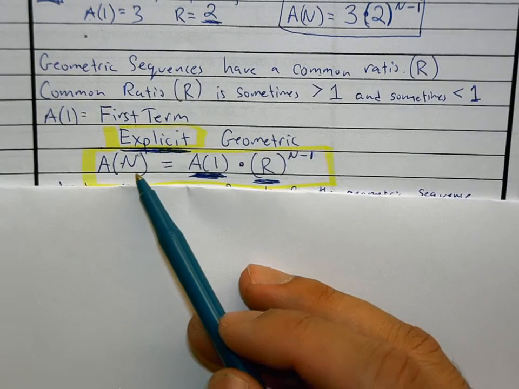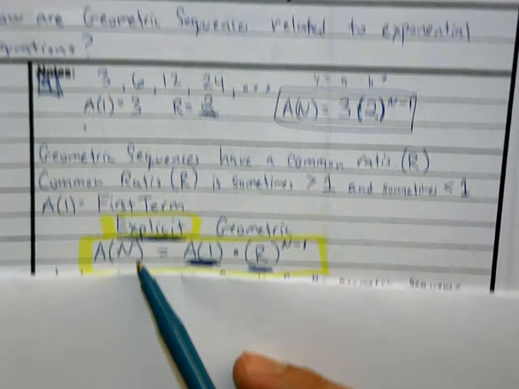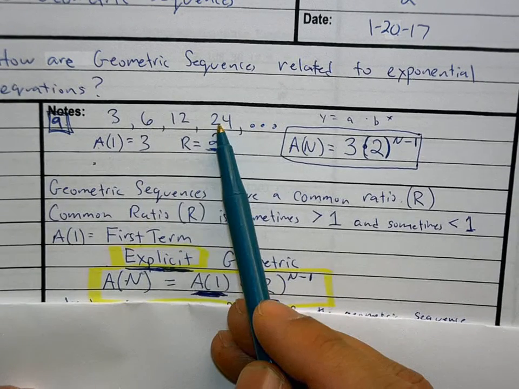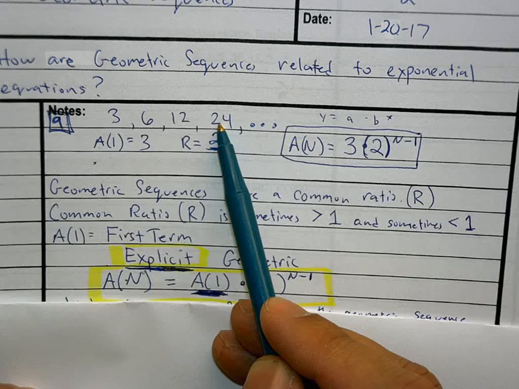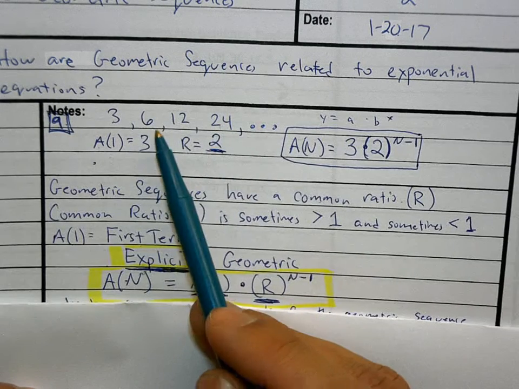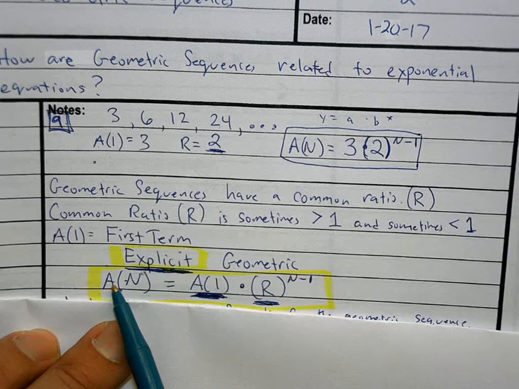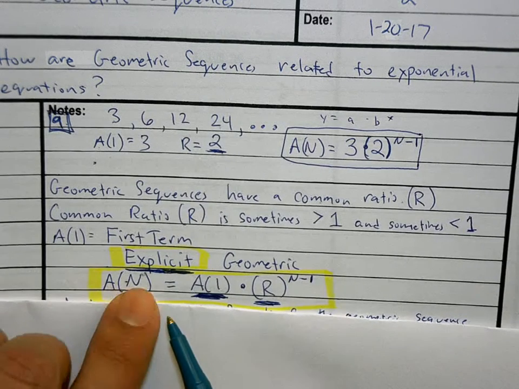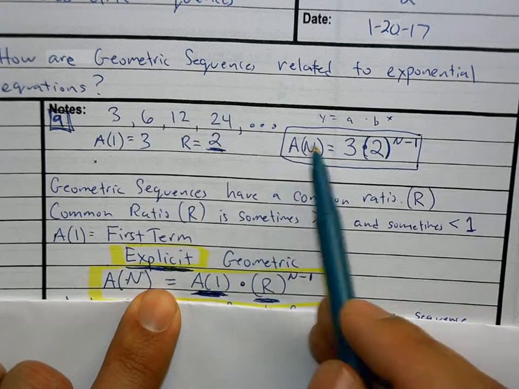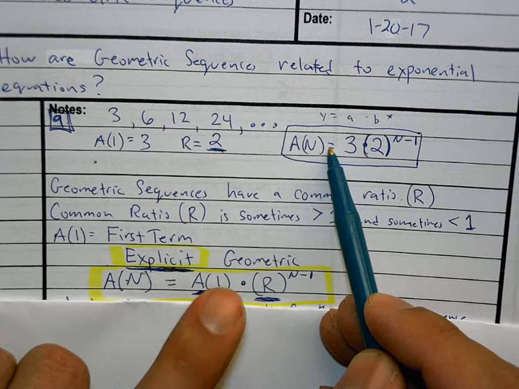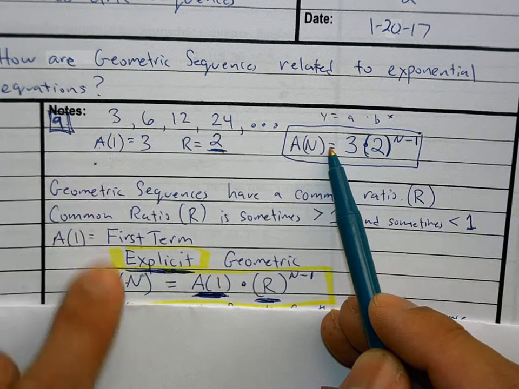Earlier we had this example: 3, 6, 12, 24. There is an explicit formula for this rule. All I have to know is what is a of 1, and I can write down the rule. See how this says a of n equals? I don't change that. A of 1 means what's the first term?